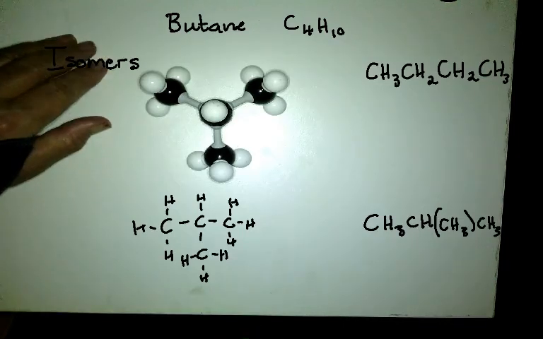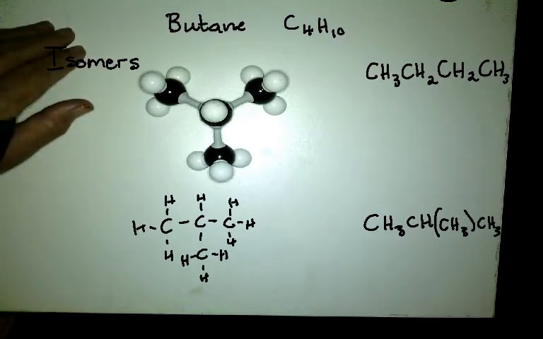Now these are the rules we take. We number the carbon atoms in the longest continuous chain. So I would start with this as my first carbon, that's the second carbon, and that's the third carbon. I don't have to take it that way. I can count another way. I can say that's the first carbon, that's the second carbon, and this is the third carbon.